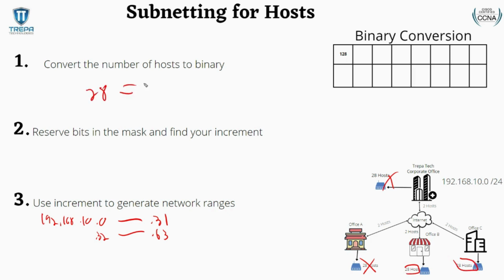So 28, how many bits does it take? I'm going to go faster by still trying to write legibly though. 28 doesn't go into 128, 64, 32. It does go into 16. There's my first bit. So now I know it's going to take 1, 2, 3, 4, 5 bits to get the number 28. I'm going to write out my subnet mask.